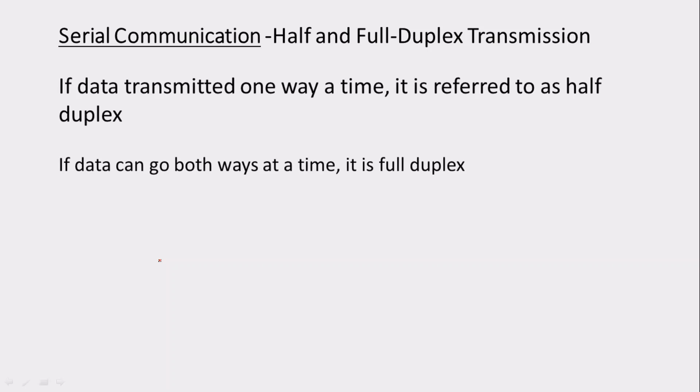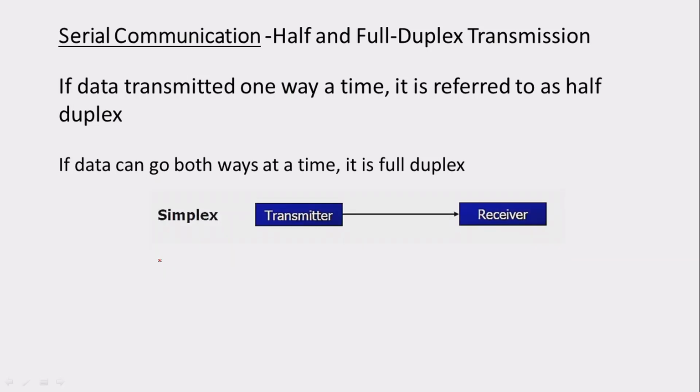Now let us see the basics of transmission, how transmission is done. If you are transmitting data one way at a time, it is referred to as half duplex, and if you are transmitting data both ways, then we call it full duplex. Before moving on to this, let us see the different types.